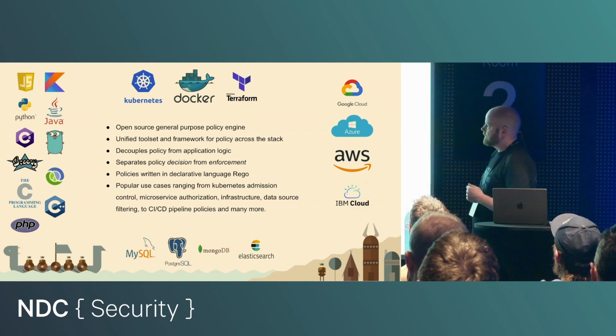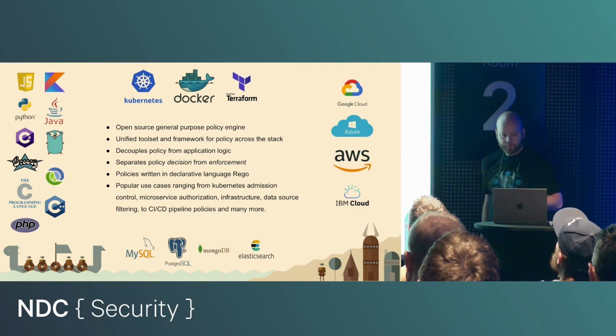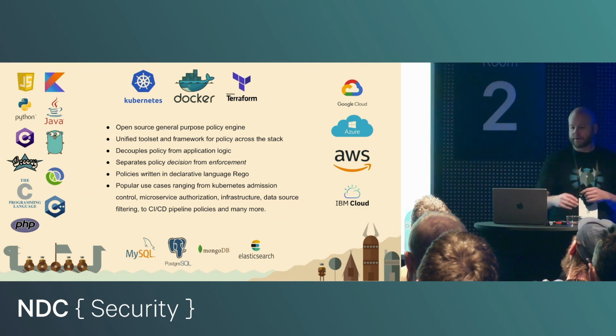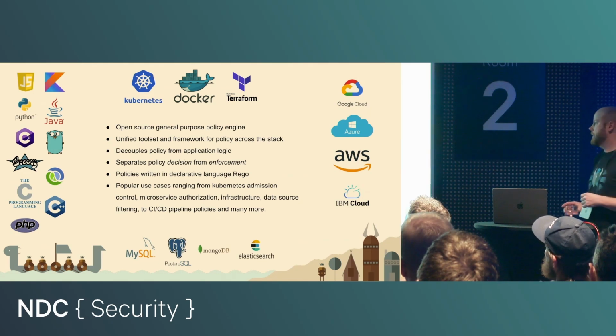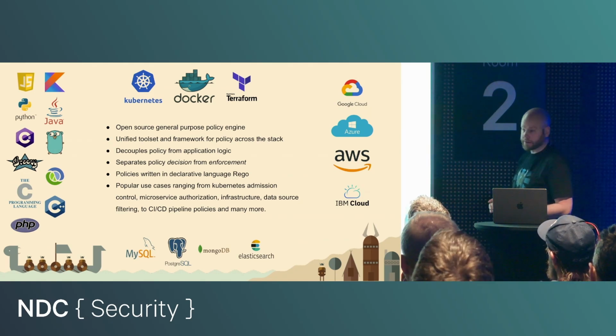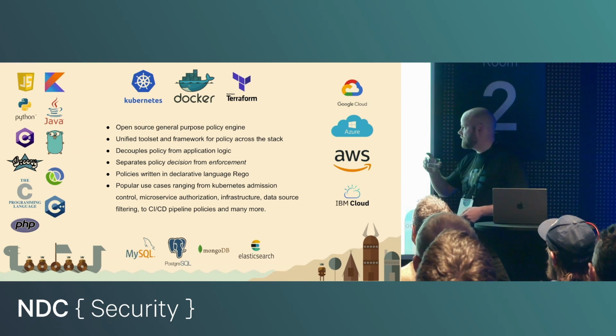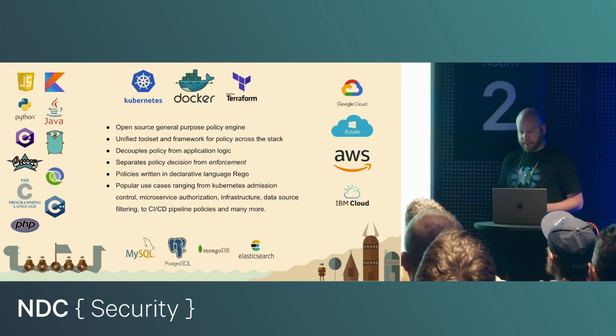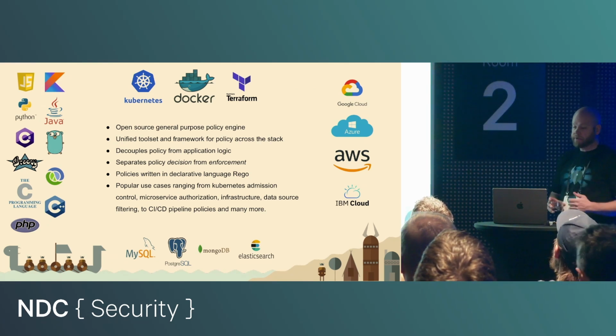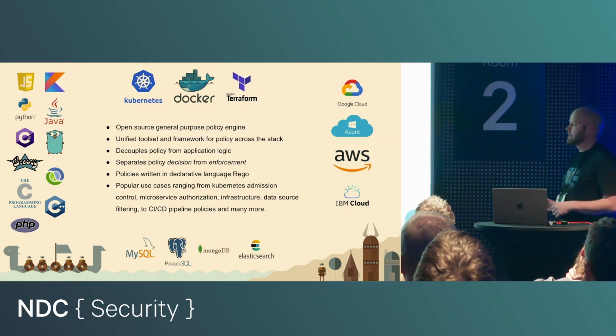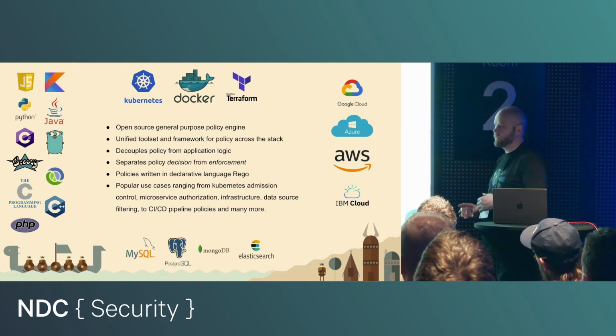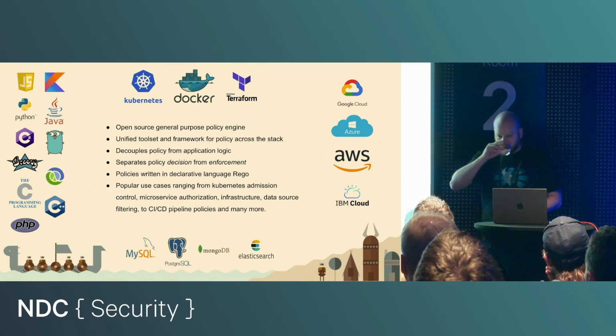Policies are written in a declarative language called Rego. We'll take a look at that in a few minutes. And again, since it's a general purpose policy engine, we'll see use cases like Kubernetes admission control. And I'm sure a few of you have used it for that purpose. Microservice or app authorization, infrastructure, data source filtering, CI/CD pipeline policies, and much more.